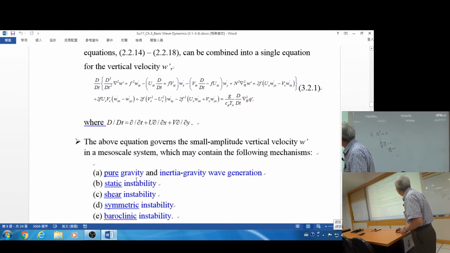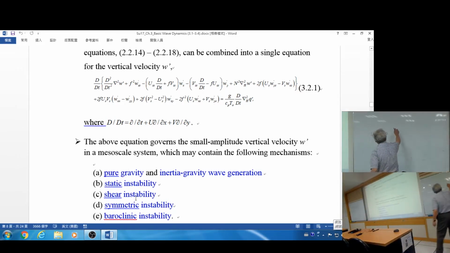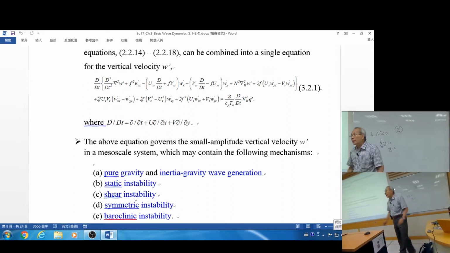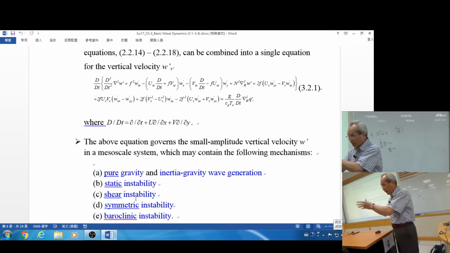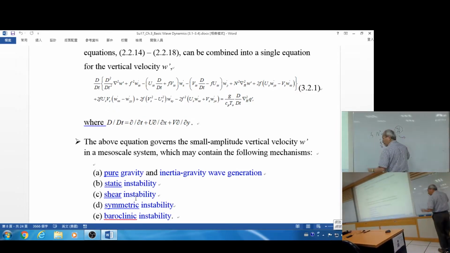So you can have pure gravity wave, and you can have inertial gravity wave. You can have static instability, N squared less than 0. You can have shear instability, because you can have du dz. If that term is very strong, then under certain conditions you can have shear instability, like with the Richardson number. If the Richardson number is less than 1/4, then you have which kind of instability?